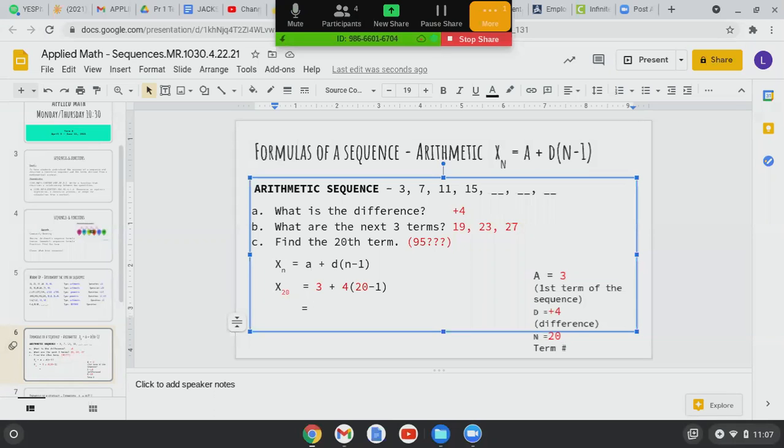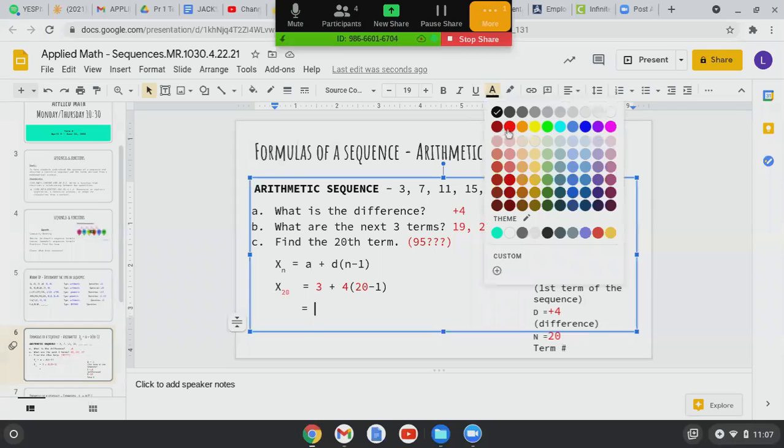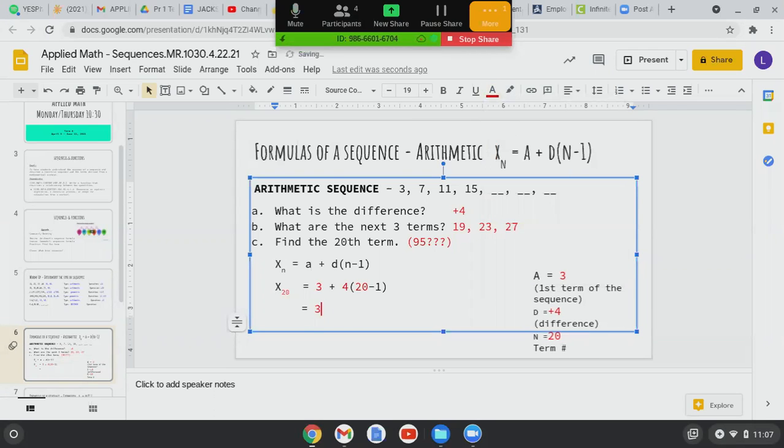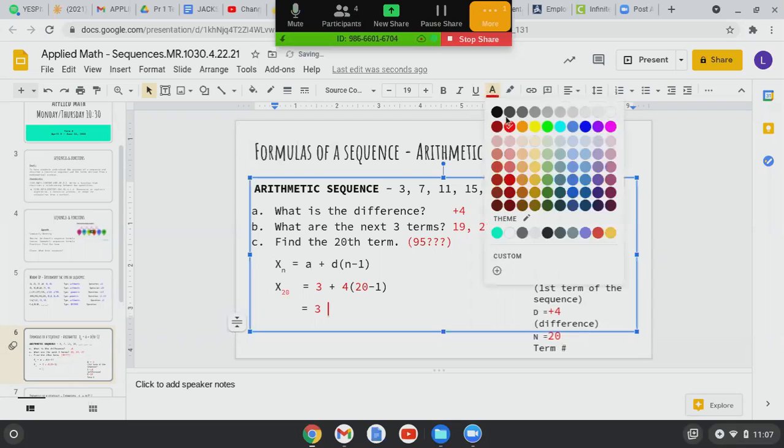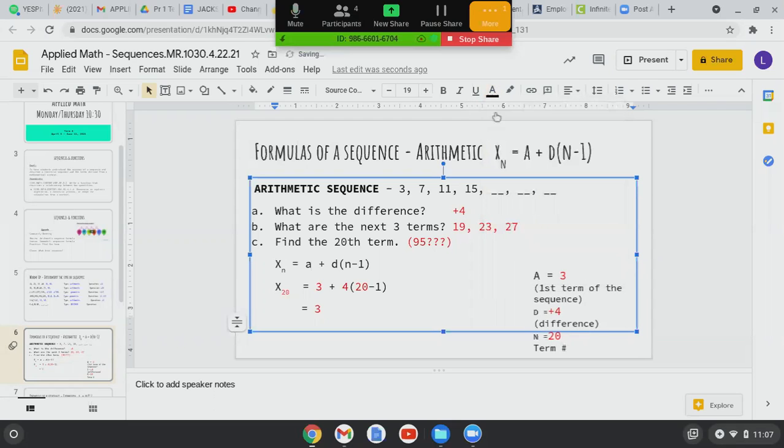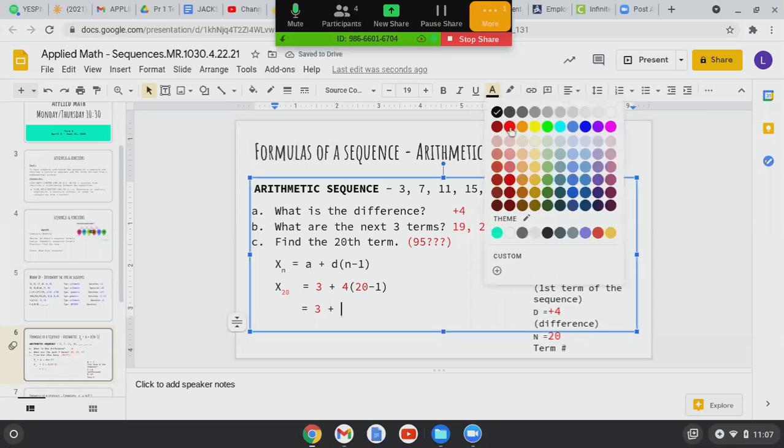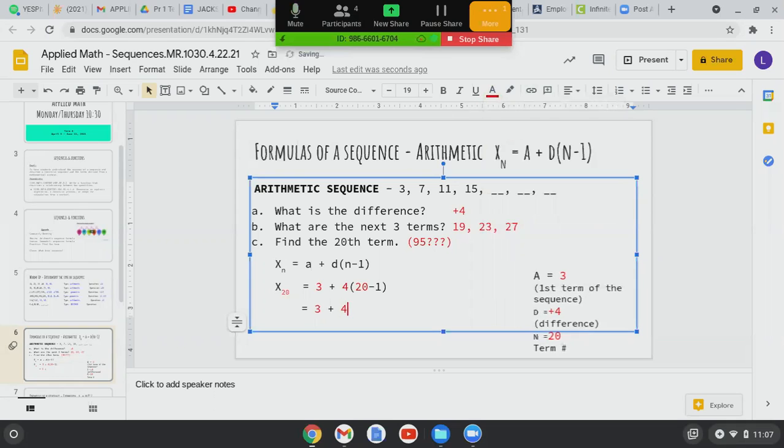Okay. All right, let's see. So we got 3 plus. All right, so we haven't used the 4 yet. Order of operations. 20 minus 1 is? 19.